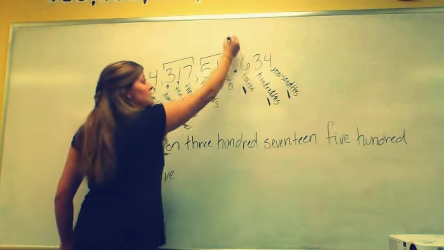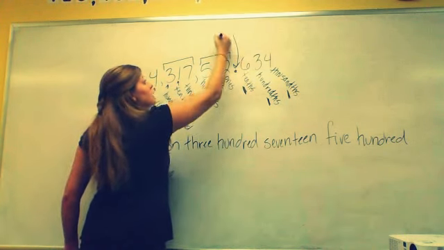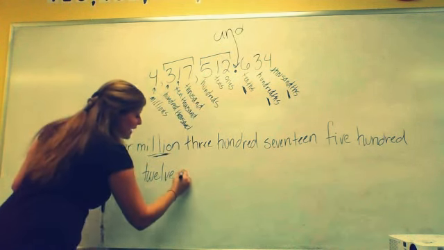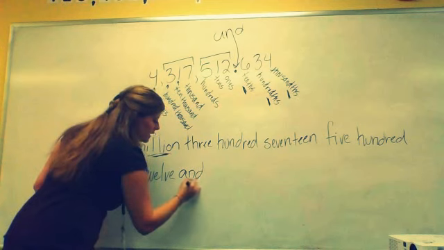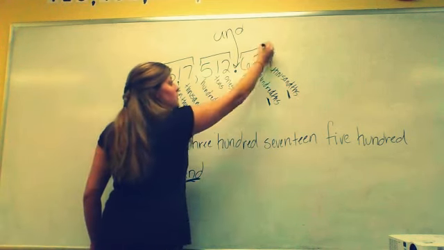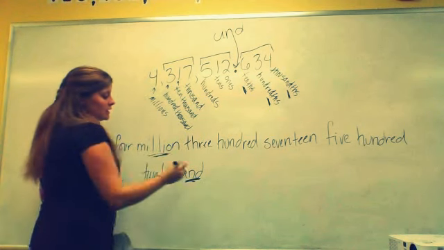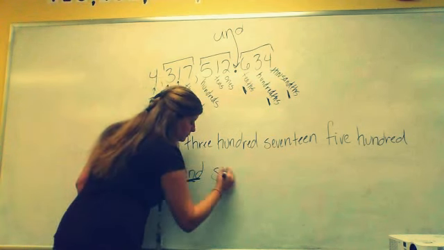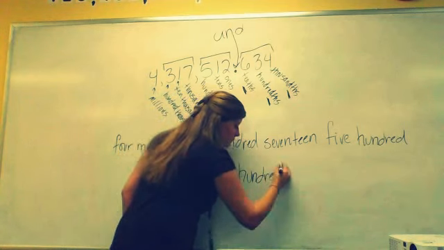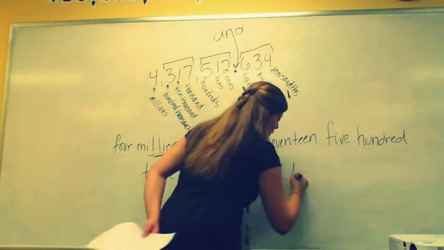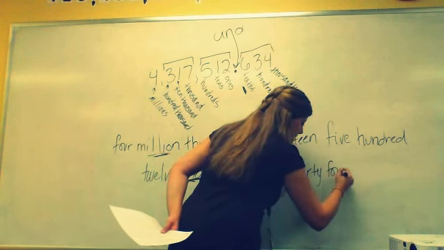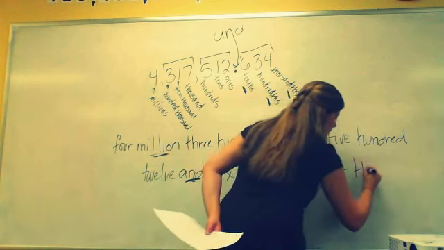Alright, now I have my decimal. Hot dog is an and. Okay, so and. Alright, keyword again. 600. I'm going to group 3 together because I can. 600. 34,000.